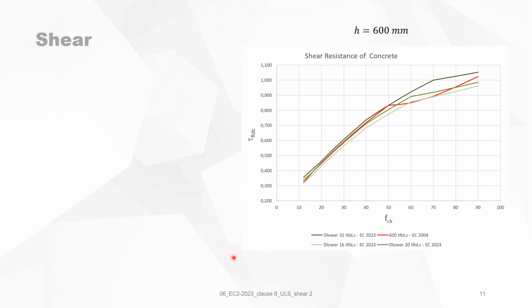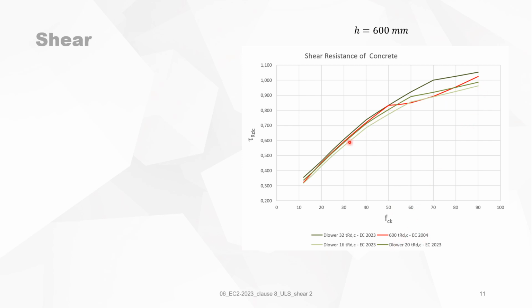What we haven't done yet is showing what is the influence of d lower on all our calculations, because d lower is a new concept. We made a graph again, concrete quality on the x-axis and shear stress capacity again without shear reinforcement, and we compare everything with the red curve, which is the one with the present version 2004.